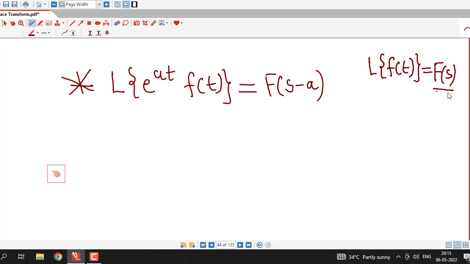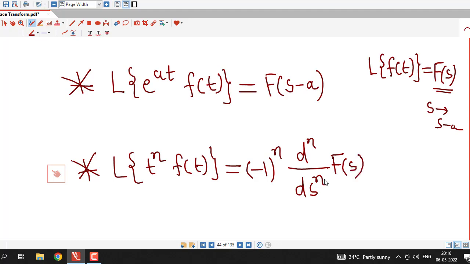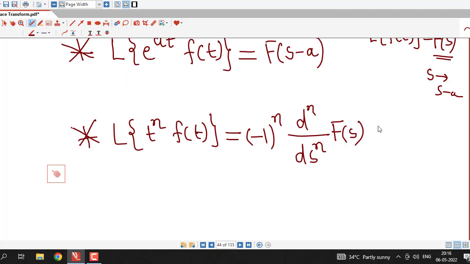So in this F of s, s is shifted to s minus a, and if we have multiplication by positive power of t, then we recall that formula: minus 1 raised to n times derivative of capital F of s with respect to s, and here we emphasize that n is a natural number.